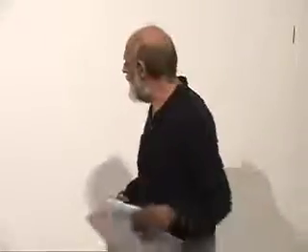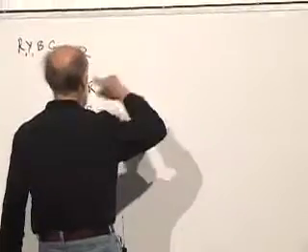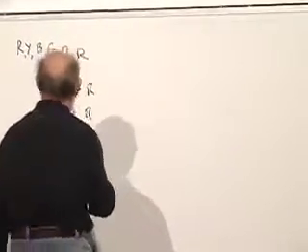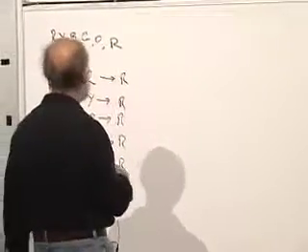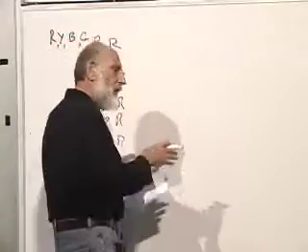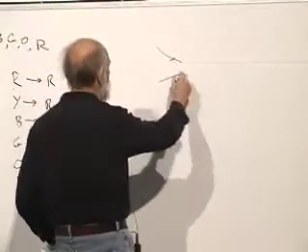And distinctions don't merge. In other words, what this would look like would be, well, let's see how to draw it. Red goes to red, yellow goes to red. Obviously what happens here is the different trajectories all merge.